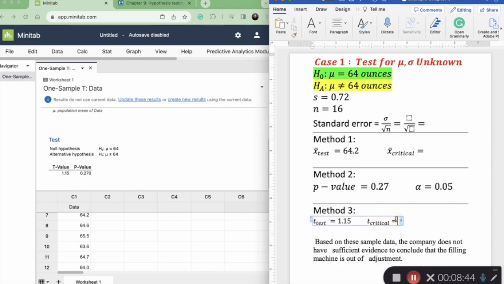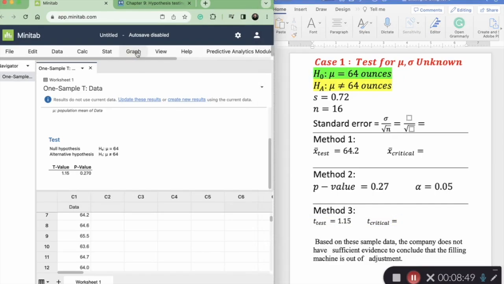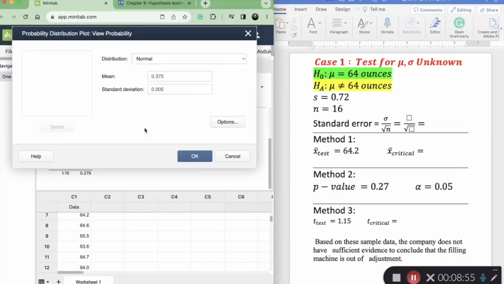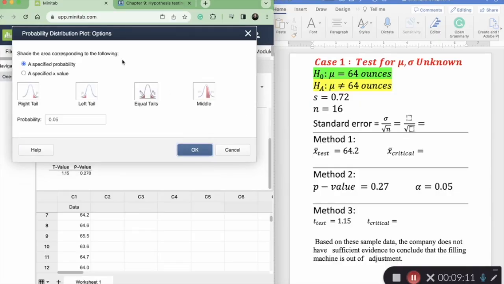To find the t critical, we just go to the graph, probability distribution. We choose the t distribution. The degrees of freedom is n minus 1, where n is the sample size, 16, so 16 minus 1 is 15. Now, right tail, left tail, or equal tails. We have equal tails.